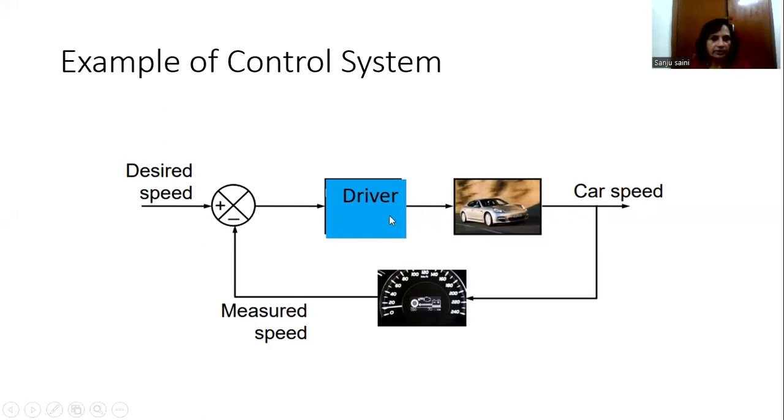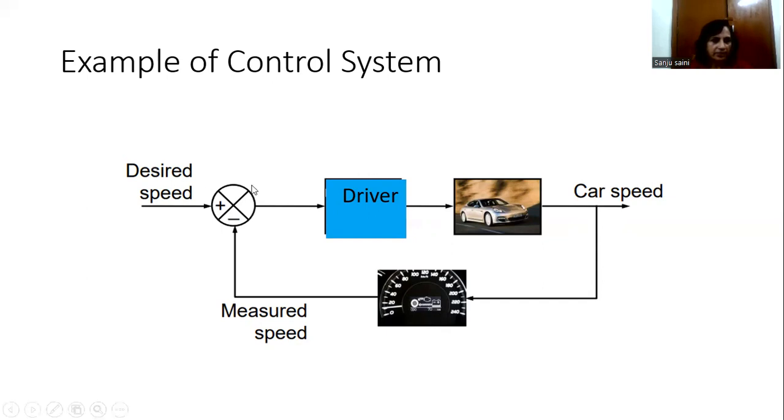He is increasing or decreasing pressure on the accelerator pedal so that the quantity of the fuel that is running to the engine of the car is increasing or decreasing, to increase or decrease the car speed. So the car speed is being measured with the help of the sensor and it is fed back towards the comparator. Here the person who is driving the car is working as a comparator.